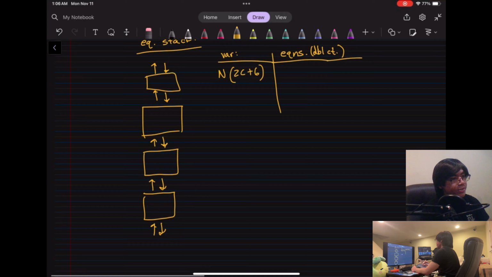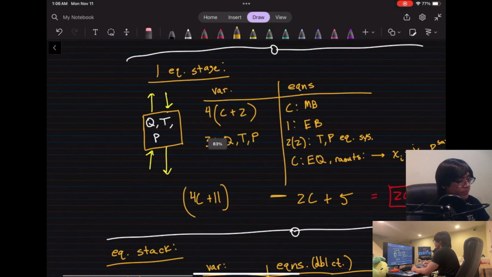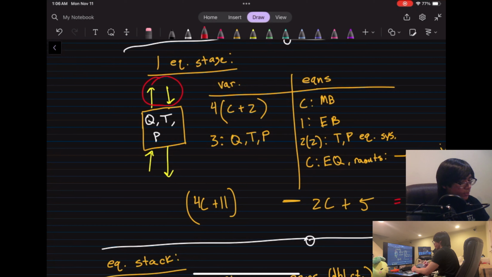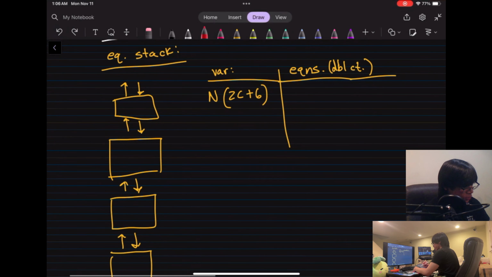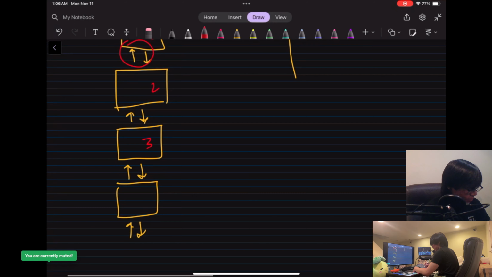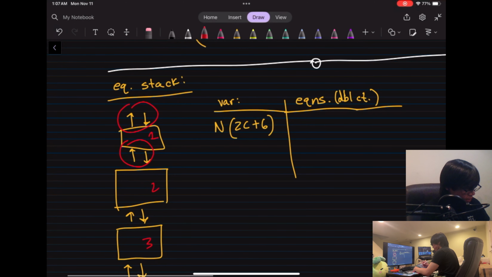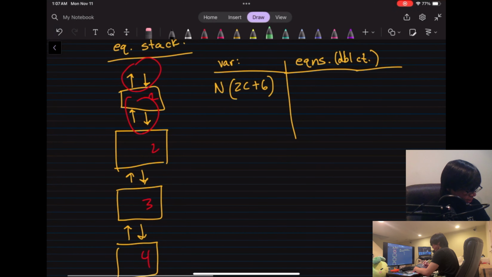So you notice that with our equilibrium stage, we account for 4 streams, but in our equilibrium stack, these 4 streams are accounted for in this. I guess we can number these 1, 2, 3, and 4. They're accounted for in number 1, but once we go to number 2, you'll notice that there's an overlap.